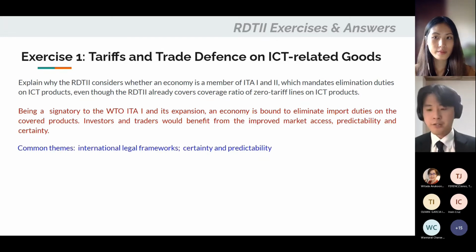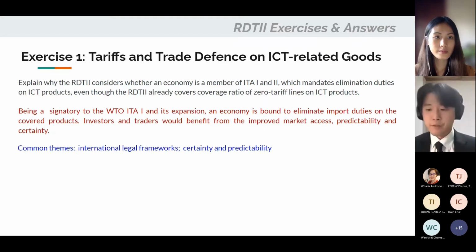And through this exercise, we wanted to illustrate, which I already mentioned in answering Jan's question, that RDTII incorporates some international legal frameworks. And as Ritada mentioned, in the absence of a regional framework, we try to find an international legal framework. But if there is a regional framework, we try to use that for the sake of regional integration.